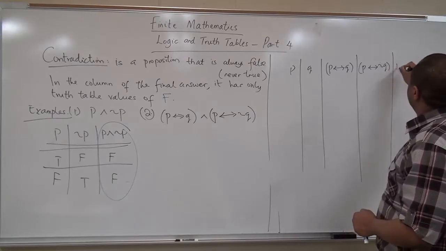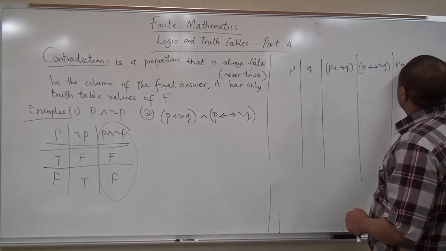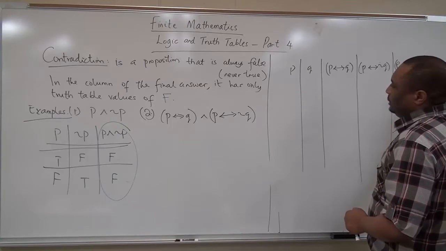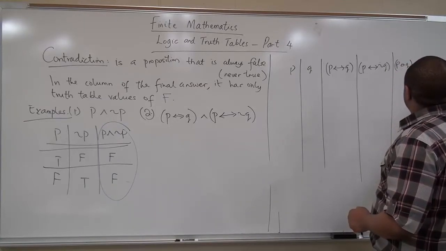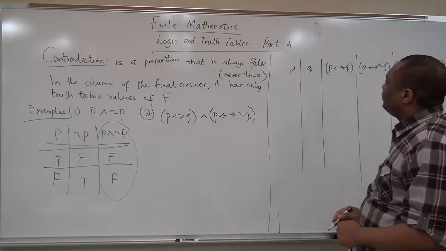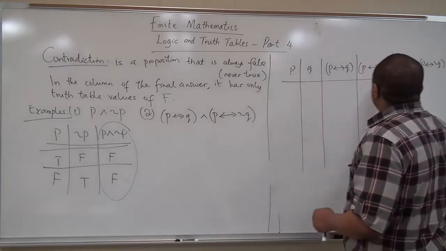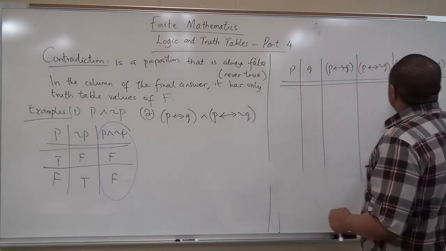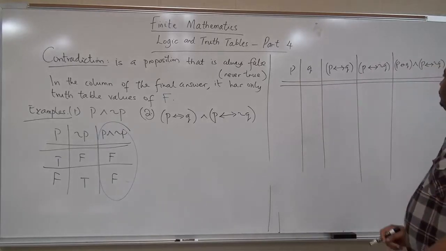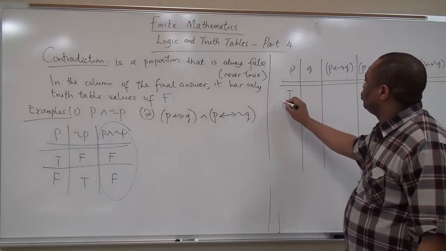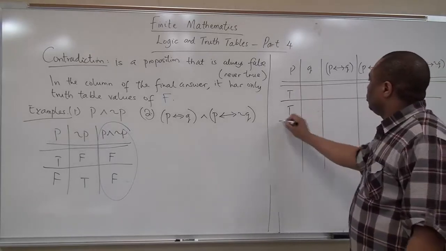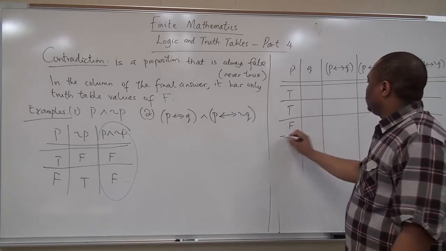Then P if and only if Q, and P if and only if not Q. And I use double lines in mine. All right, so this is true, true, false, false.